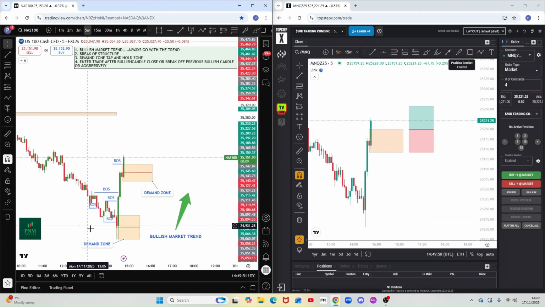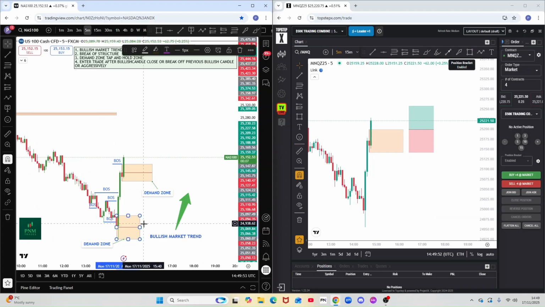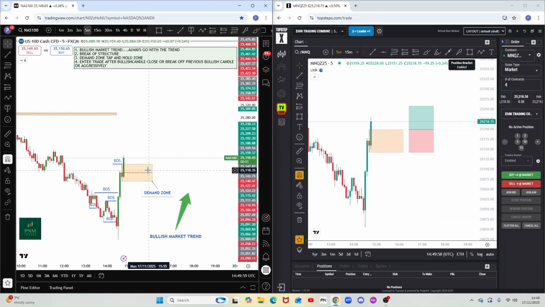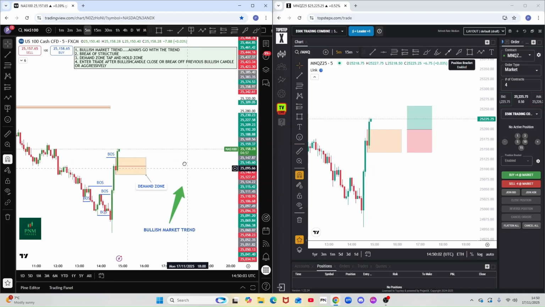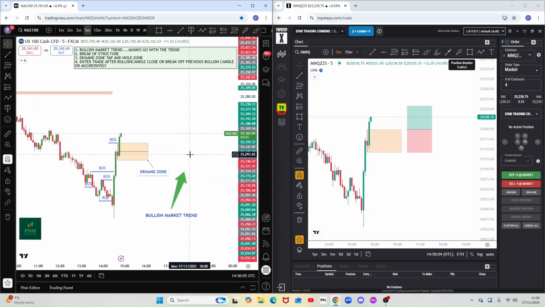So I don't want this anymore. This is how you clean up your chart. Remove the old zone, focus on the new one. So now let's see if price comes down.